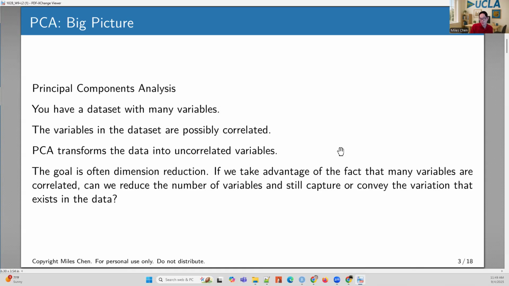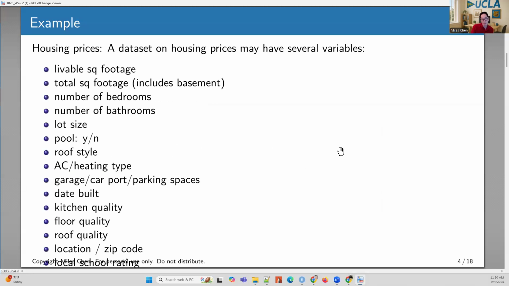What PCA will do is transform the variables into uncorrelated variables. The goal here is dimension reduction. If we can take advantage of the fact that a lot of these variables are correlated, can we reduce the number of variables and still capture and convey the important aspects or traits that exist in the data? Okay.